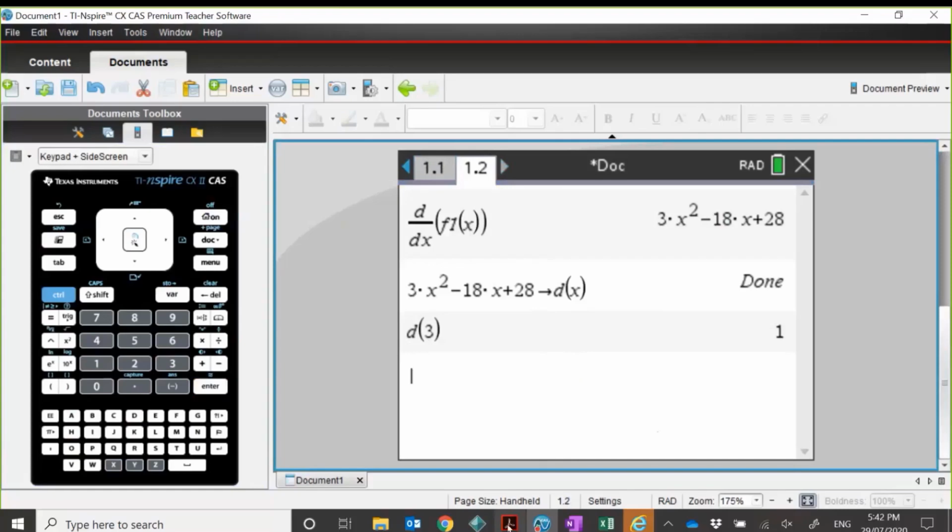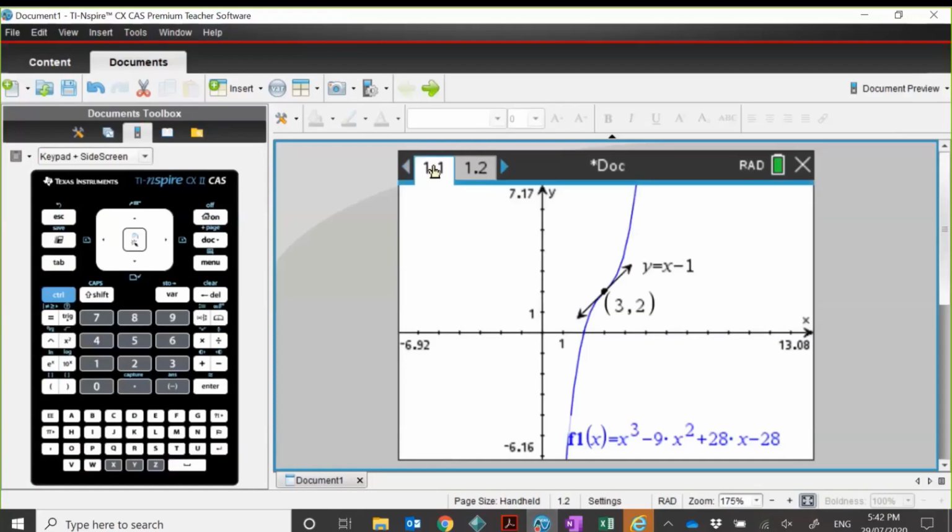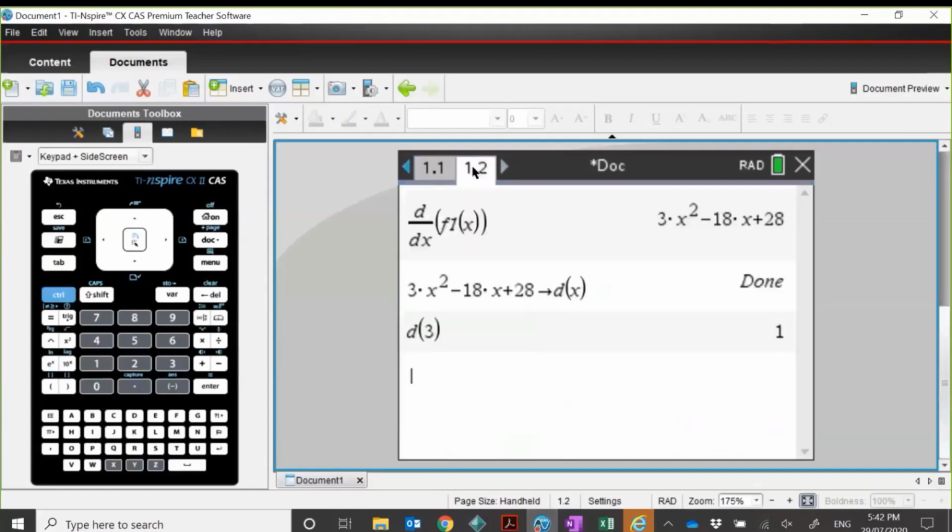All right, the second part of that question, show that the equation has no stationary points. Now, visually, you can see that there's no stationary points, but we've got to demonstrate that using some algebra. Now, we've already done the derivative. Our derivative is sitting up here, and we've stored it.